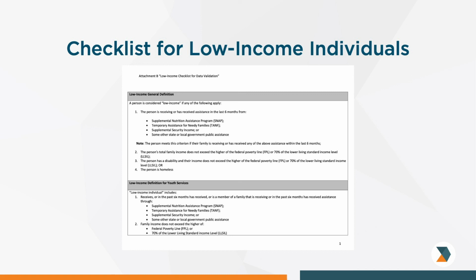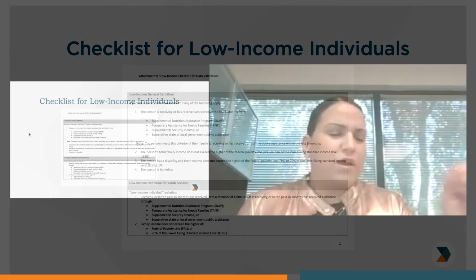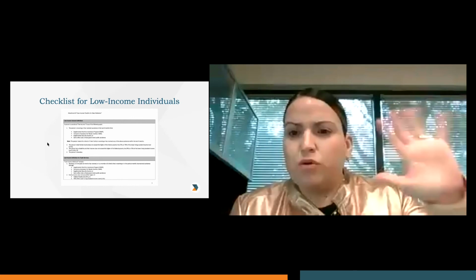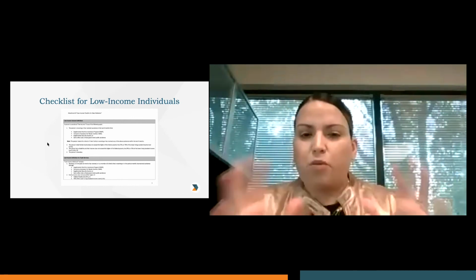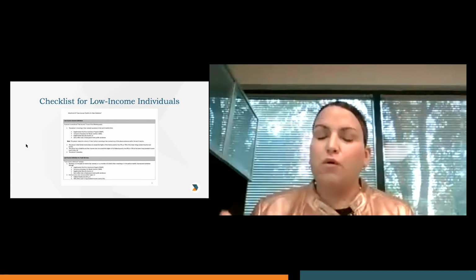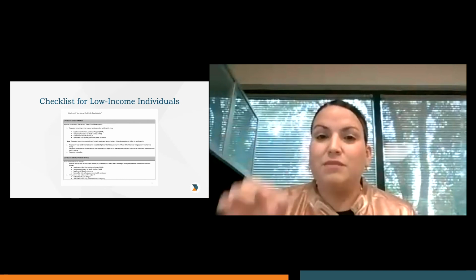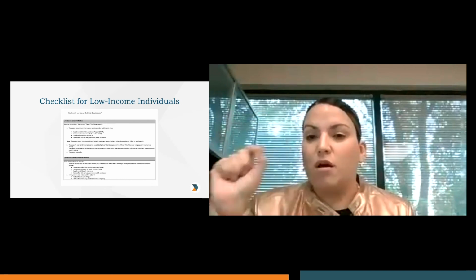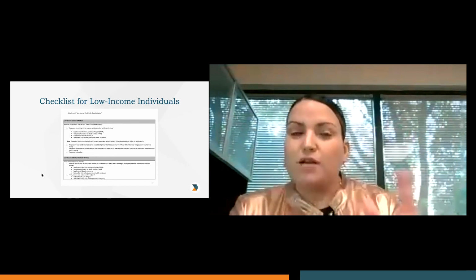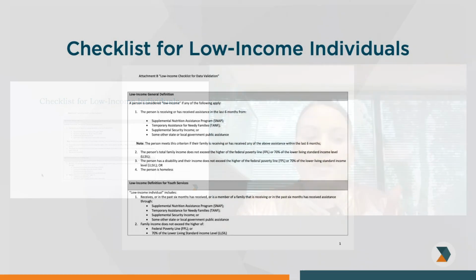So you can have a quick reference if you want to clarify something quickly, you can just reference that in the checklist, and then it moves to each data element under low income.